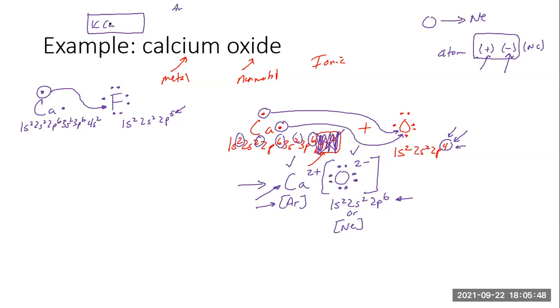So if calcium only loses 1 electron, it actually ends up with the same electron configuration as potassium, which is not really the goal. The goal is for it to get back to a noble gas. So it needs to lose that second electron, but this particular fluorine doesn't have any room for it.